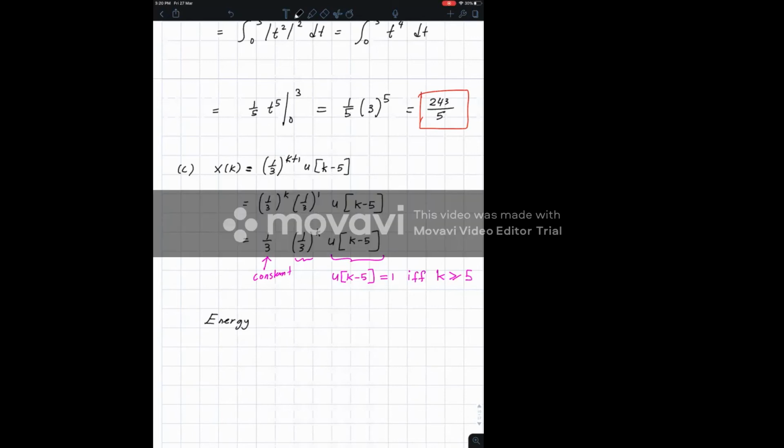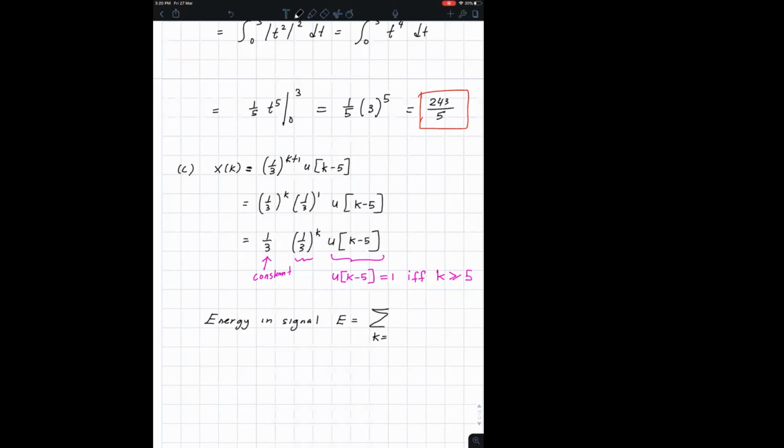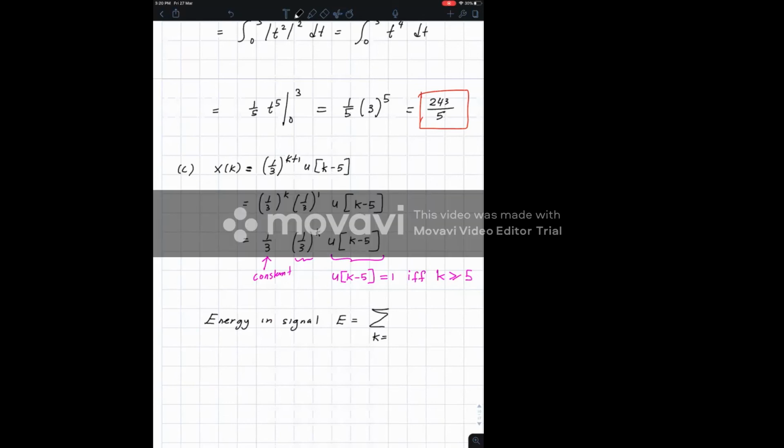Instead of an integral, you cannot integrate a discrete time signal, so we have to sum it. The sum over k from minus infinity to positive infinity of the amplitude x[k] squared.